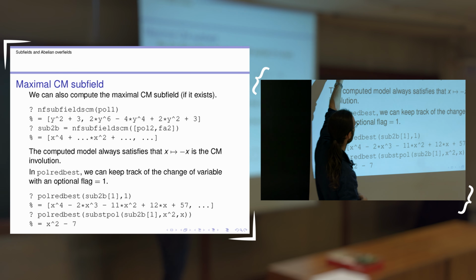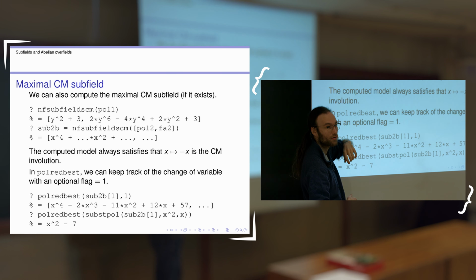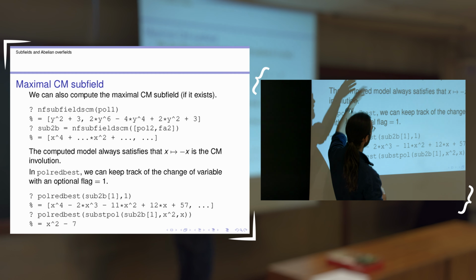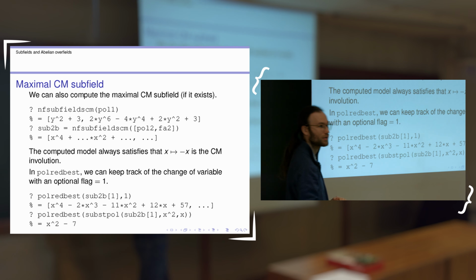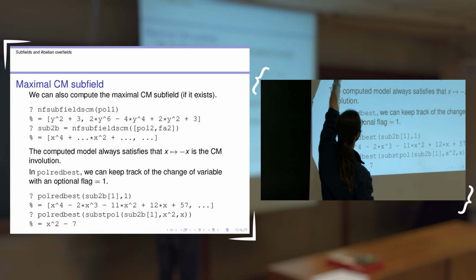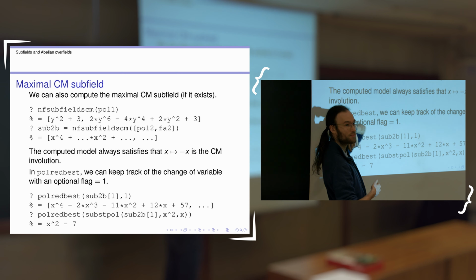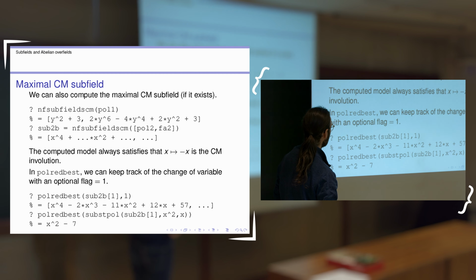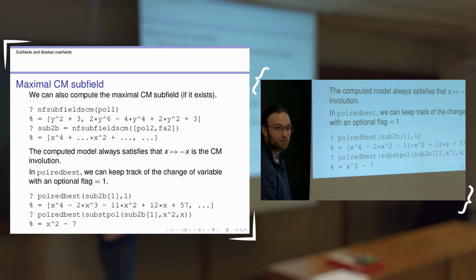If you take out the squares, you'll get the defining polynomial of the totally real subfield of the CM subfield. So it gives you the subfield and its CM involution at the same time. Another way to put it is that the defining element will always be totally imaginary. The field itself is CM.